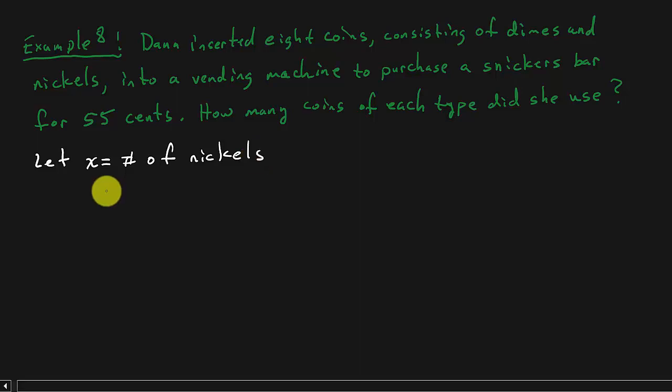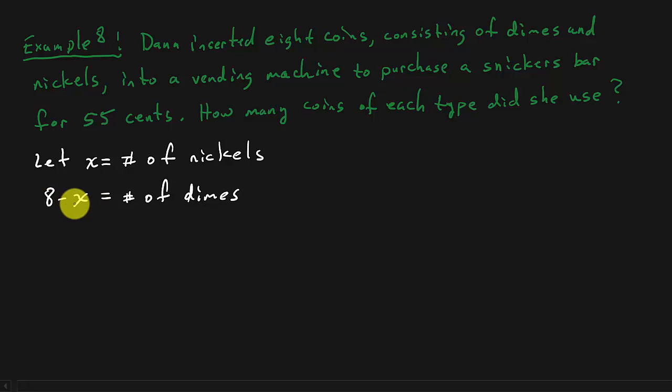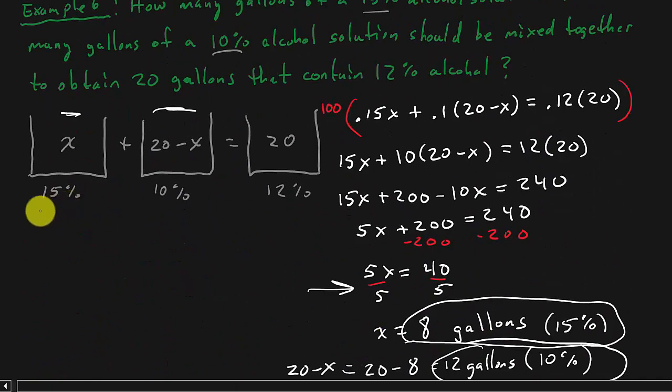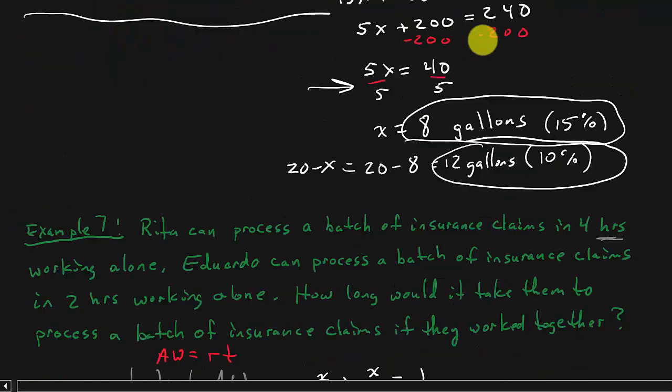And so if x is the number of nickels, then what is the number of dimes? Well, that would be 8 minus x. And this is the same thing that I explained to you when we were doing the mixture problems.